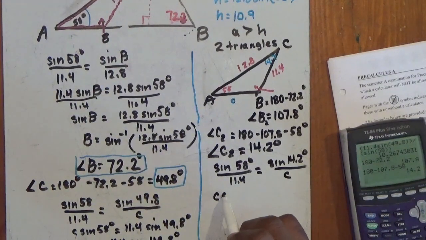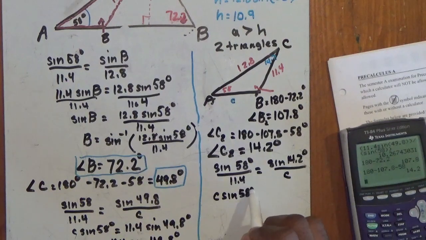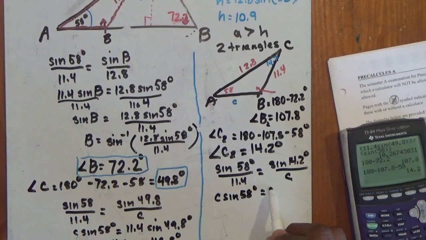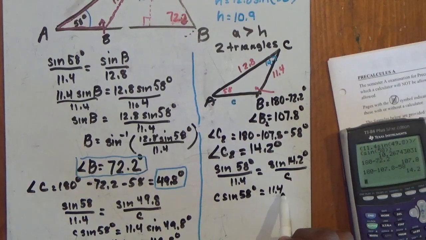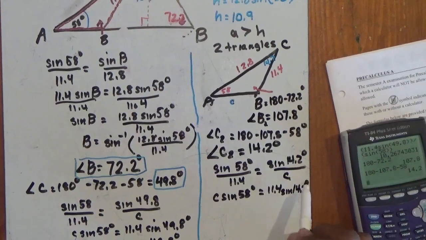C sine 58 degrees is equal to 11.4 sine 14.2 degrees.